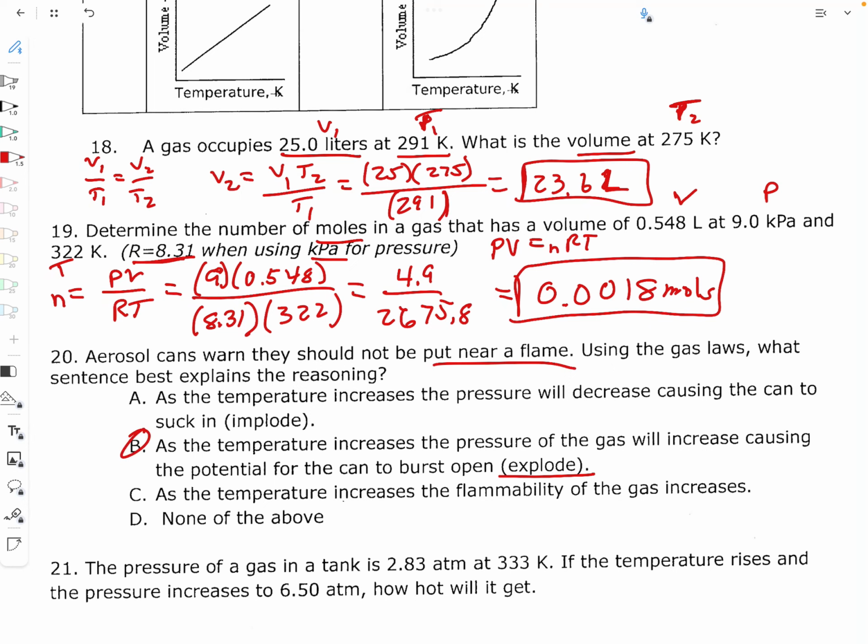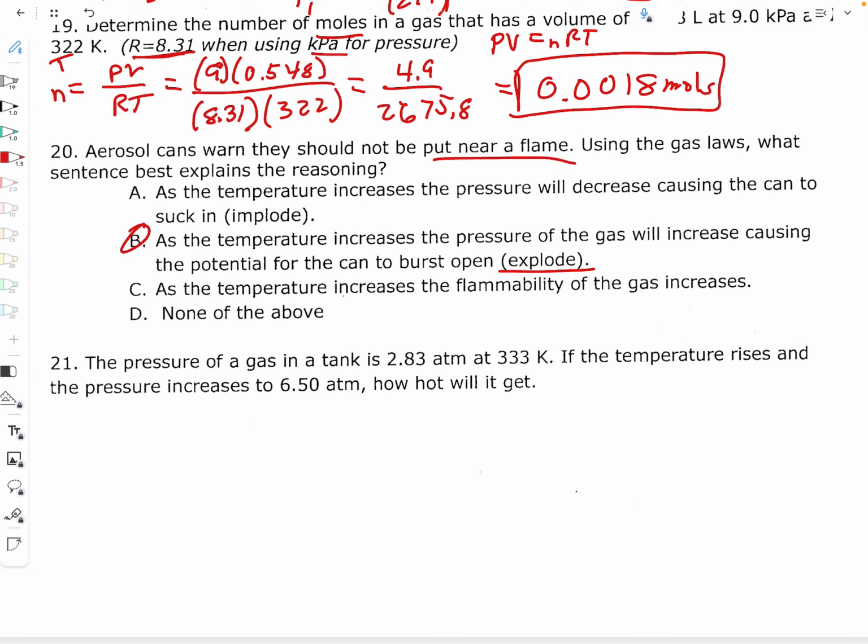Okay? 21. The pressure of a gas in a tank is 2.83 atmospheres at 333 K. If the temperature rises and the pressure increases to 6.5 atmospheres, how hot will it get? Well, we have a pressure, a temperature, and another pressure. There we go. I got it right this time. This is Gay-Lussac's law. All right? And that's going to be P1 over T1 equals P2 over T2.